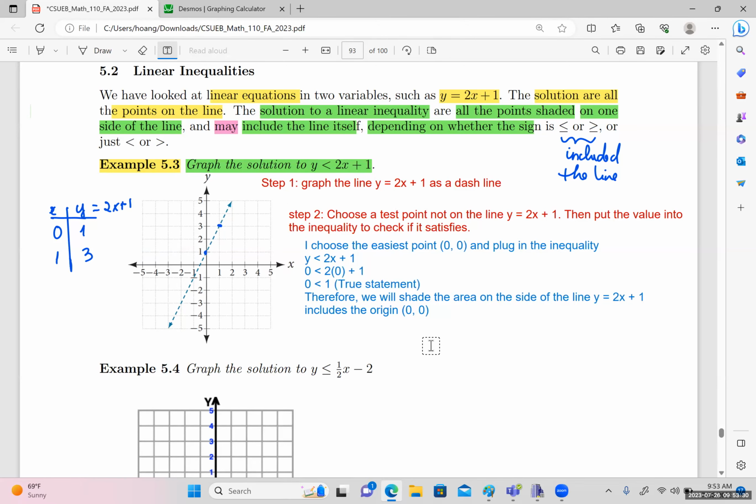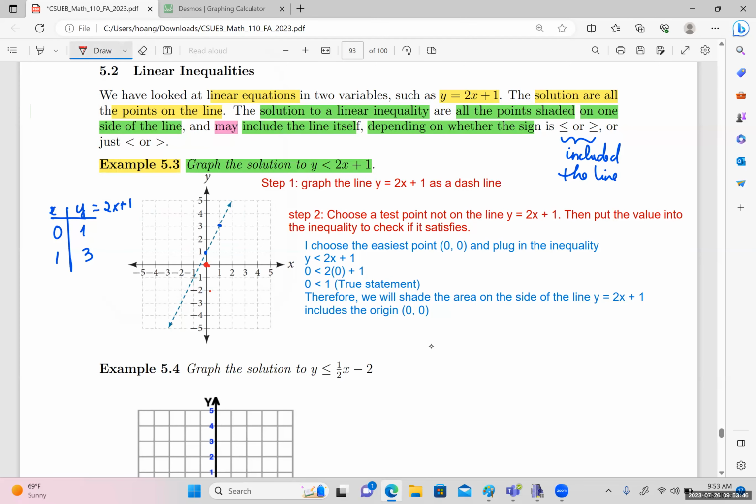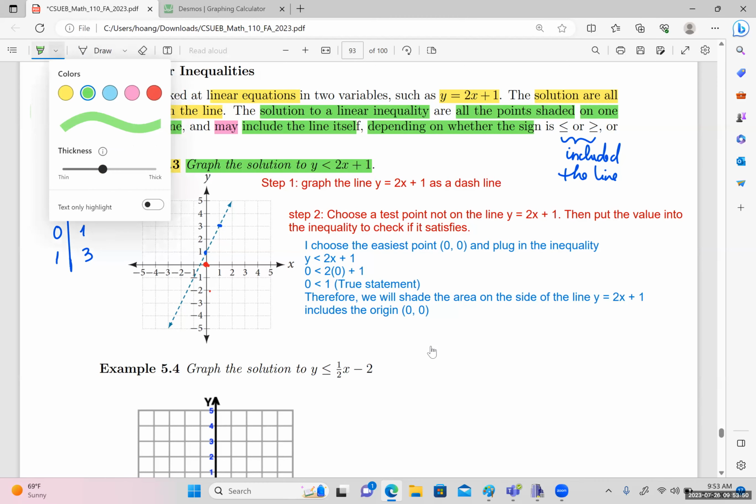So what I'm going to shade is all the area that includes the point 0, 0 here, right? Let me use a color. 0, 0 was here, right? So I need to shade all of this area.